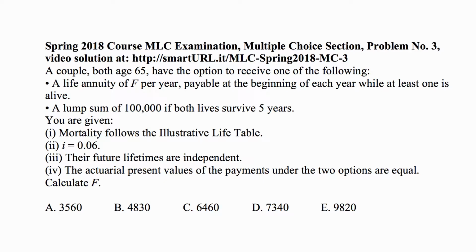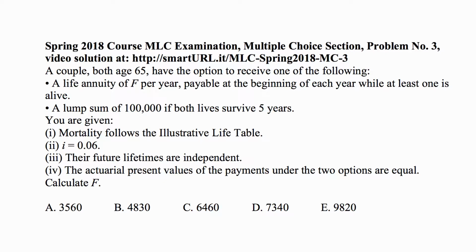A couple, both age 65, have the option to receive one of the following: a life annuity of F per year, payable at the beginning of each year while at least one is alive, a lump sum of $100,000 if both lives survive 5 years.